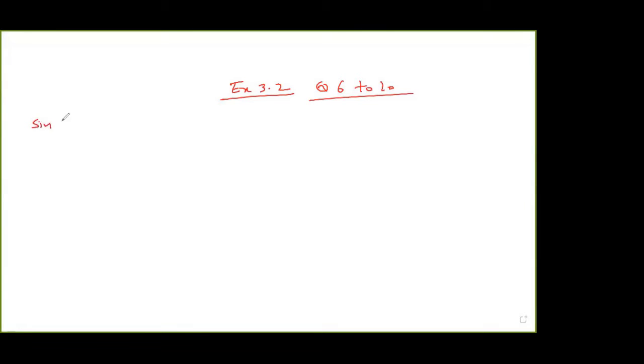Sine of 2nπ plus θ will be equal to sine θ, cos of 2nπ plus θ is equal to cos θ, and the same, tangent of 2nπ plus θ is equal to tangent θ, and so on.